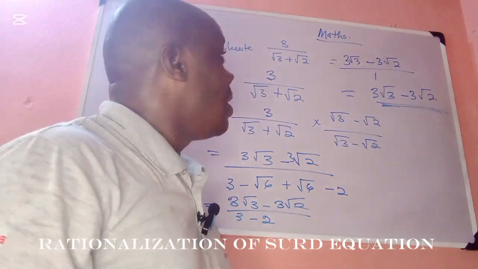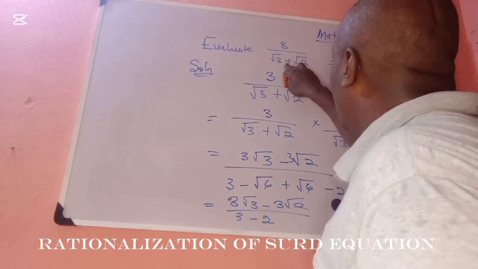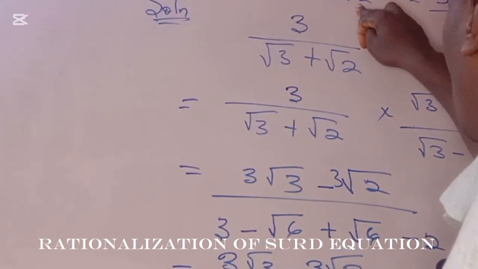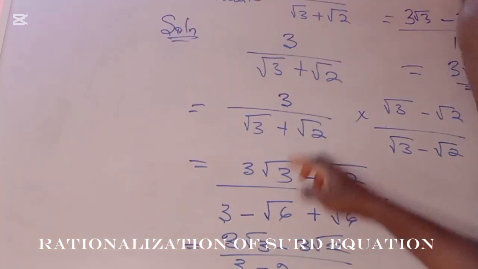So what we are trying to look at is rationalizing. When we are rationalizing a surd, we say 3 over root 3 plus root 2. When we say solution to this problem, we rationalize it.